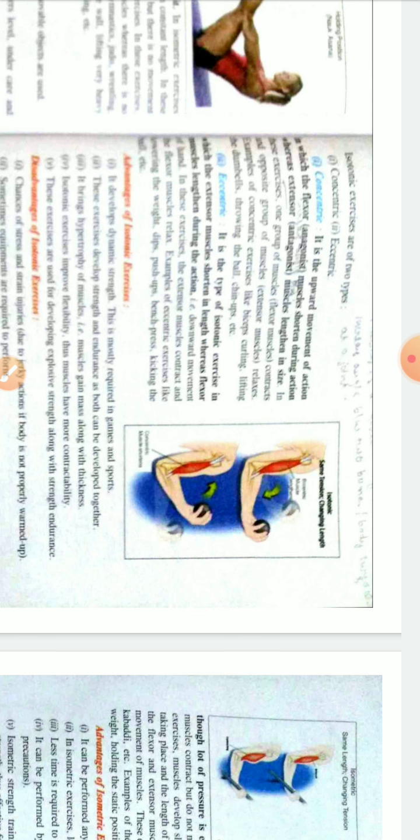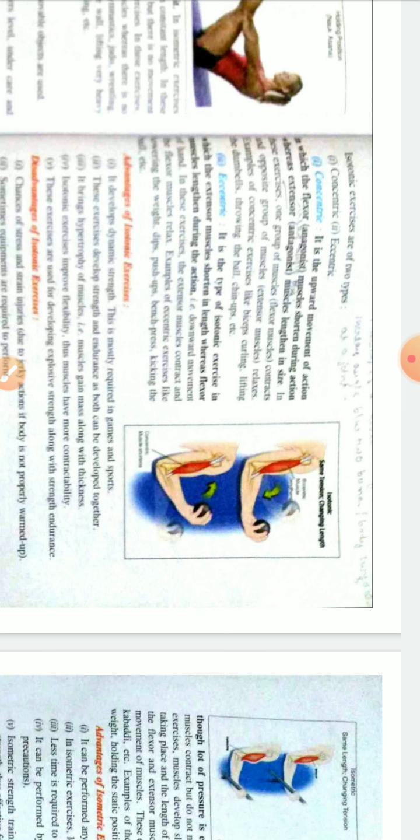Eccentric means it is a type of isotonic exercise in which the extension muscle, the muscle at the back, becomes short, whereas the flexor muscle lengthens.